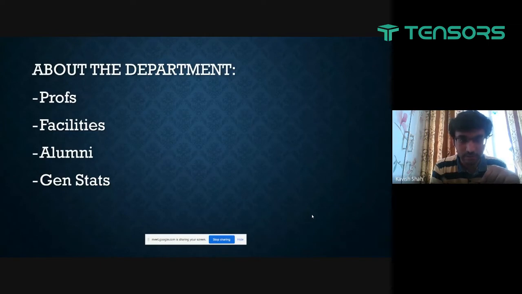Similarly, for placements, there are a few people who don't want to prepare for placements. Maybe they have other plans, like going for an MBA or higher studies. They register for the placements, but then they don't pay attention during the placement season. So I can't say we ensure 100% placements, but we have had 75% plus placement statistics in the last 2-3 years.